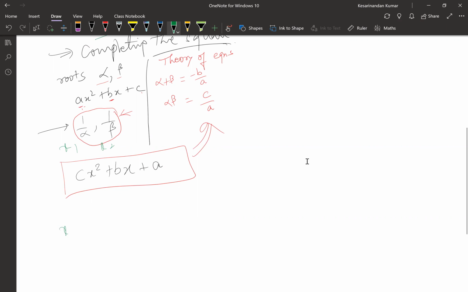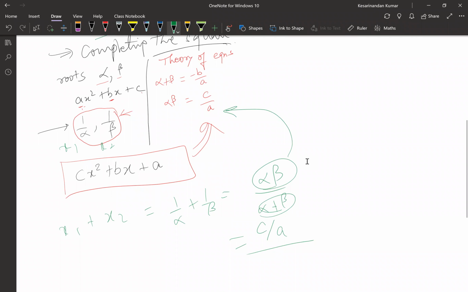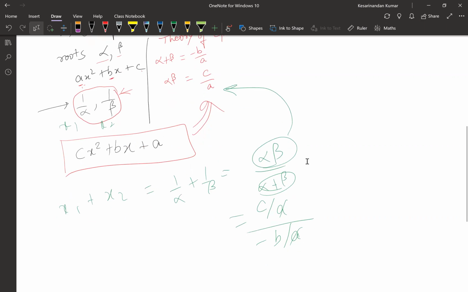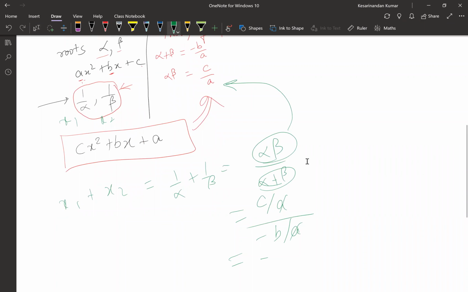So x1 plus x2 is what? 1 by alpha plus 1 by beta is alpha plus beta over alpha beta. Take the LCM of the denominator. Now what is the value of alpha beta? c by a. Alpha plus beta is minus b by a. So the sum of roots is minus b by c.